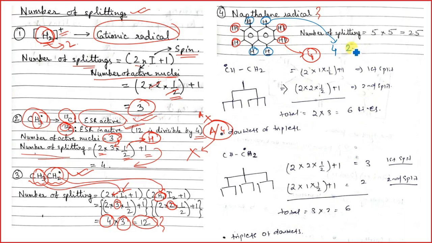So 2NI is 2 into 4 into half plus 1, so this becomes 5 for the red circled hydrogen atoms and 5 for the blue circled hydrogen atoms. So we get 5 multiplied by 5, which gives 25 splittings. Are you getting my point?